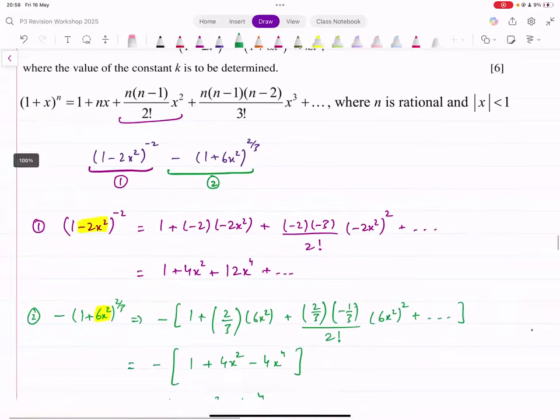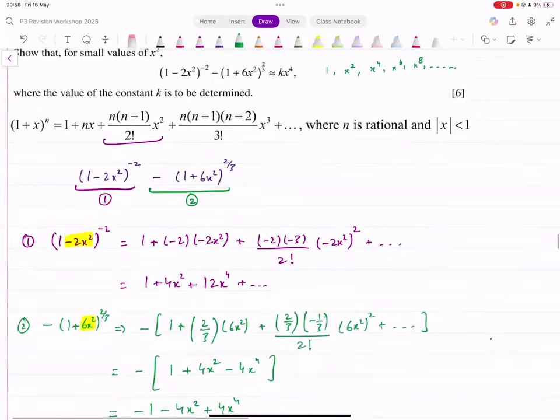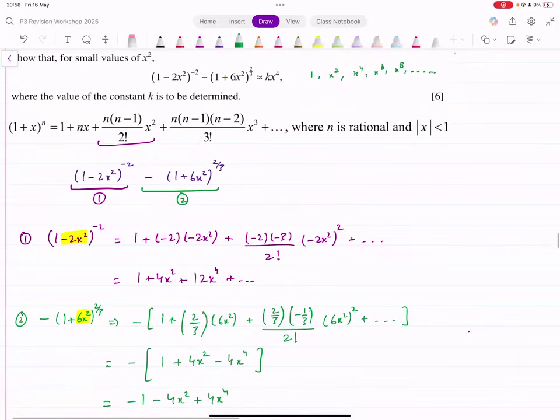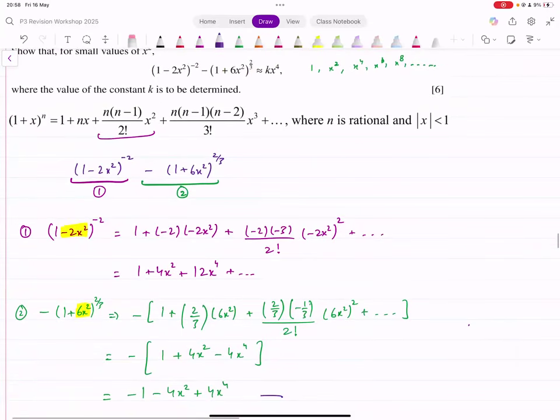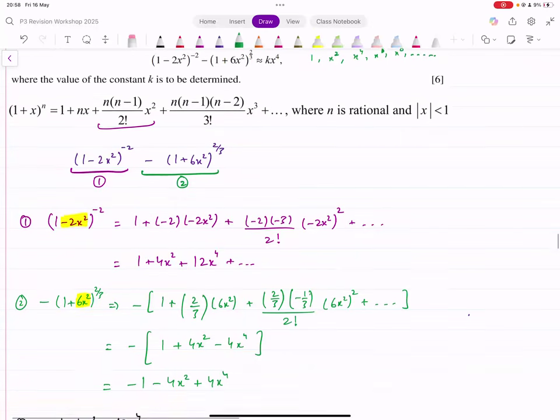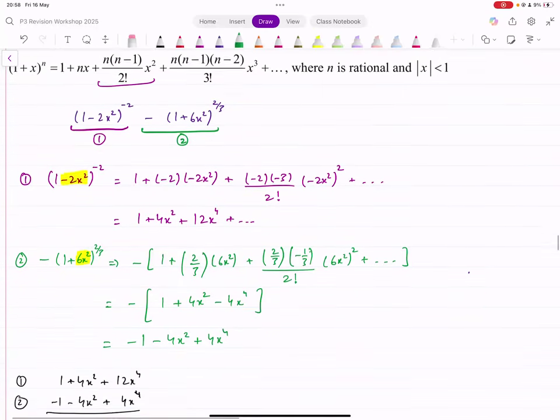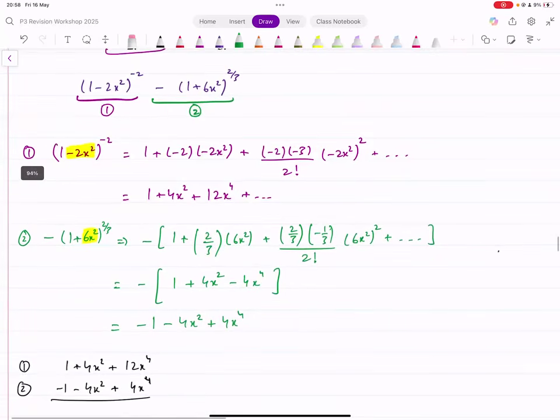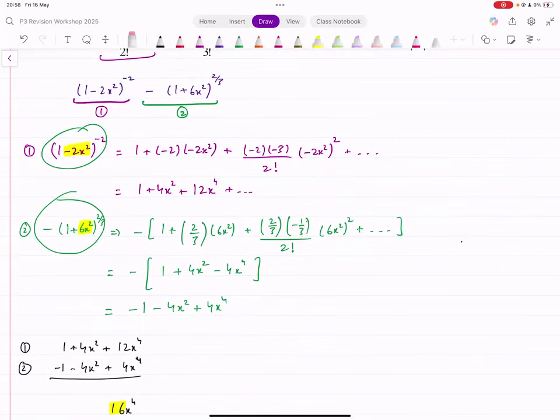And then we expand this other bracket, expand this again using the binomial expansion formula, and that gives you this. Then find their difference. So in this case, what I've done is I've used the minus sign along with this expression here. So when I simplify this, I can just add those two results now, this and this, and that gives me the final result. You see what's happening in the final result?